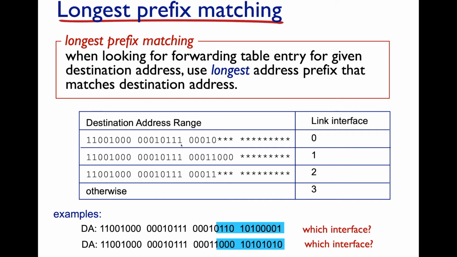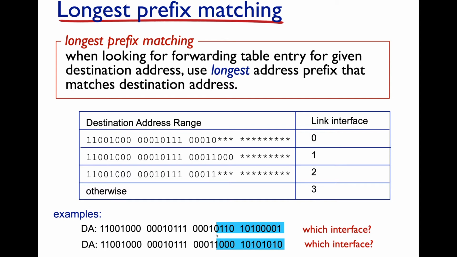These are called prefixes. Here this pattern matches the first 21 bits of the topmost address. If we look further, this address certainly matches the top one, and everything else is wildcard. It doesn't match the bottom one, right?